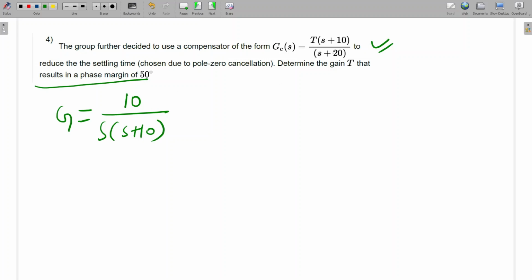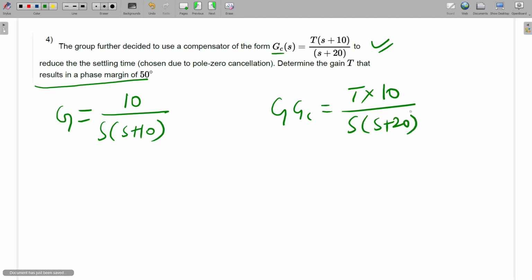So the pole will be cancelled. If this transfer function GC(S) is there, what will be G into GC? That will be T into 10 divided by S into S plus 20, as S plus 10 will be cancelled.